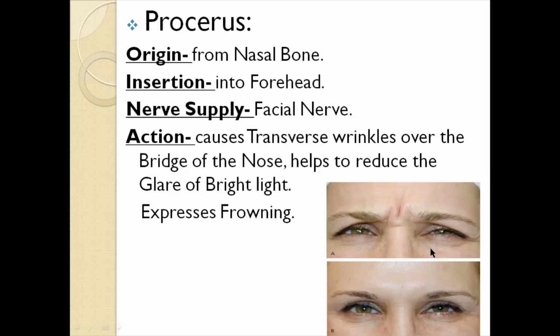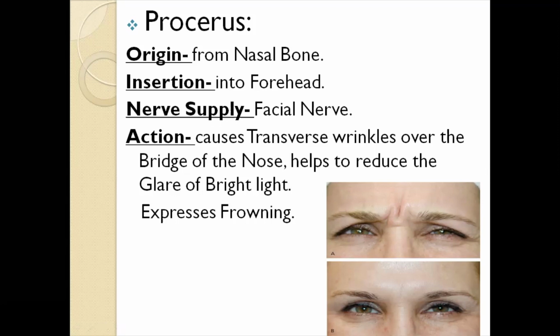Okay, another function of this muscle is, as you can see, it is responsible to reduce the glare of bright light. You can appreciate it from this image that the person is trying to close his or her eye because there is some bright light coming right from front. So yeah, procerus is also responsible for reducing the glare of bright light, and yes, as specified earlier, it is also responsible for causing the expression of frown.